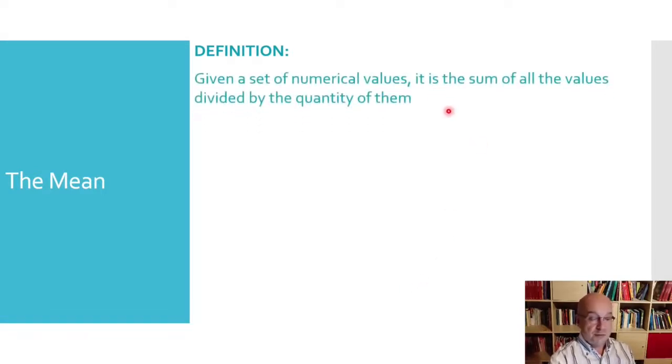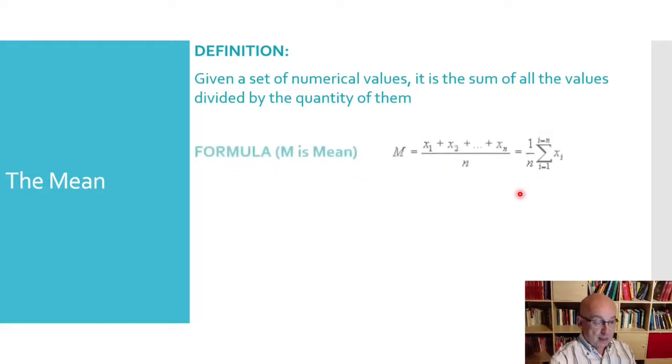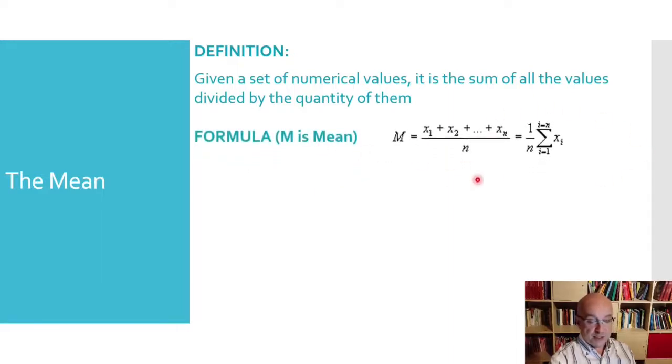Given a set of numerical values, it is the sum of all the values divided by the quantity of them. The formula is represented here, where m is the mean. At the numerator, we have the sum of the values of a distribution represented by x1, x2, up to xn. And at the denominator, we have the number of the values, which is represented by n.